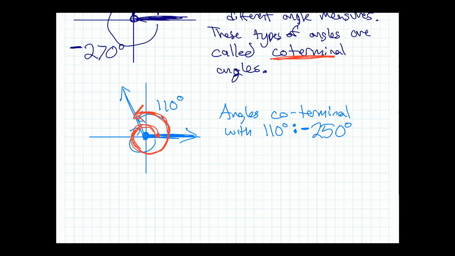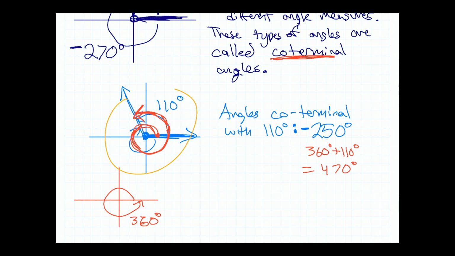Well, if you go all the way around a circle, that's 360 degrees, right? And if the angle is 110 degrees, then 360 plus the 110, which would be 470 degrees, should be in the same place as 110, right? Because just one full revolution like that will get you back to the same place.